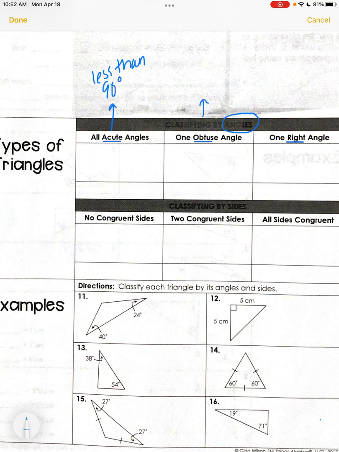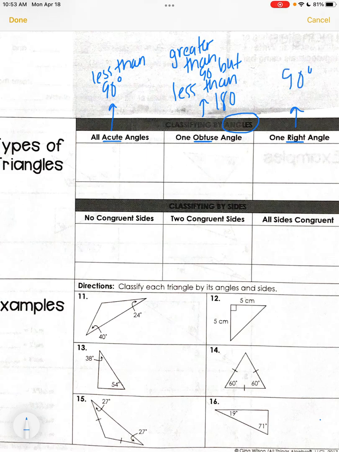Obtuse is greater than 90, but less than 180 degrees. And your right angle is 90 degrees. Okay?